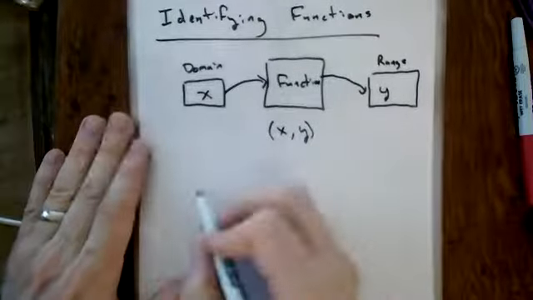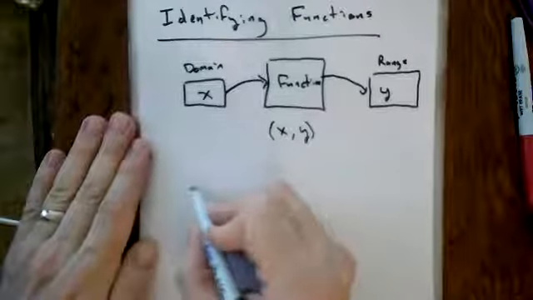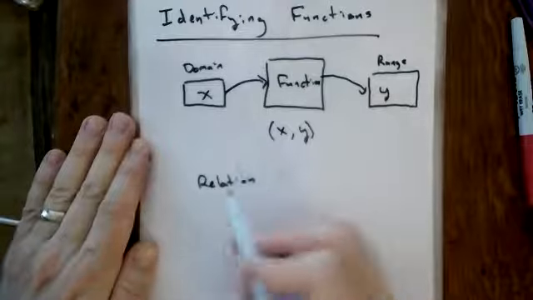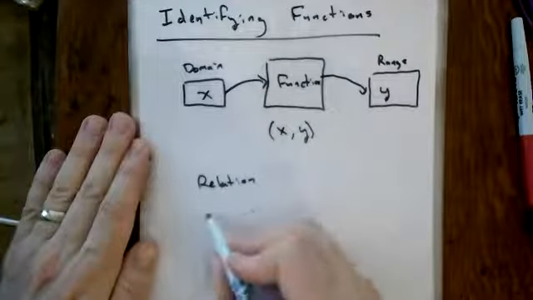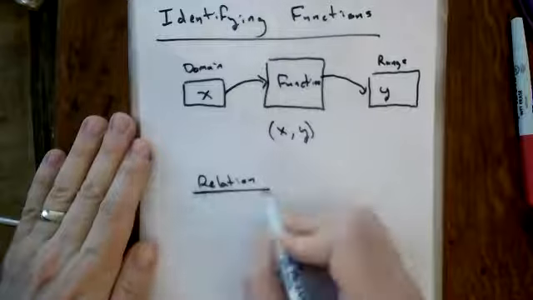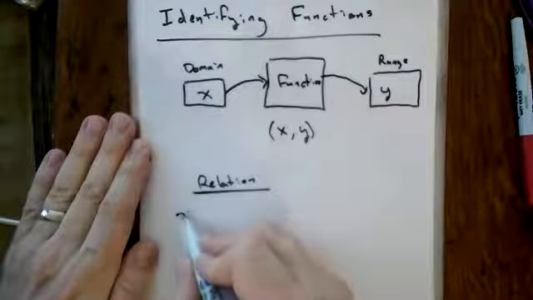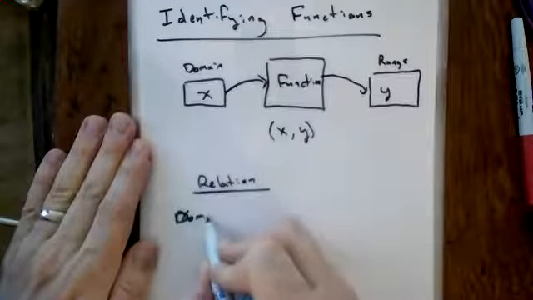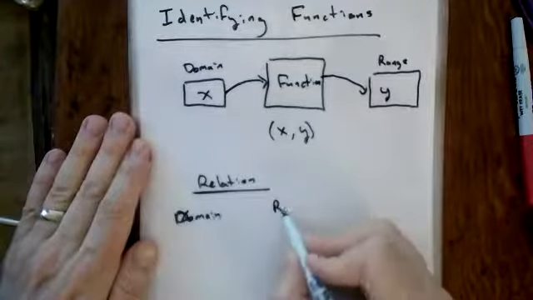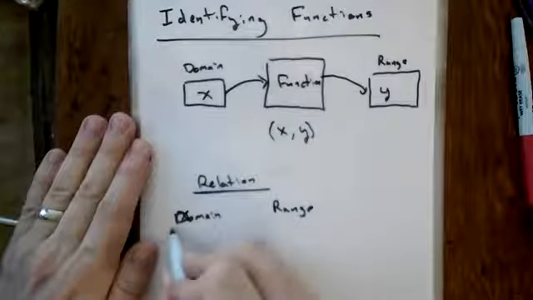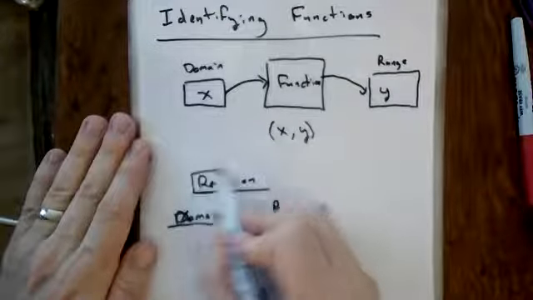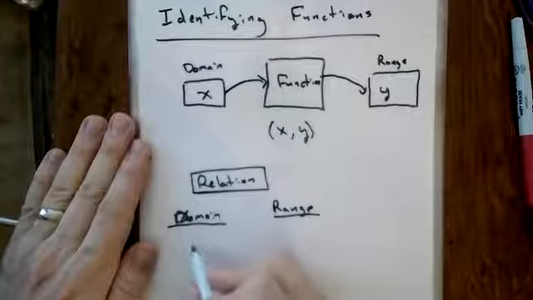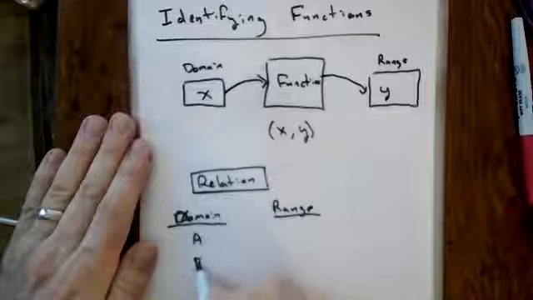But a relation just maps some values of the domain onto values of the range.